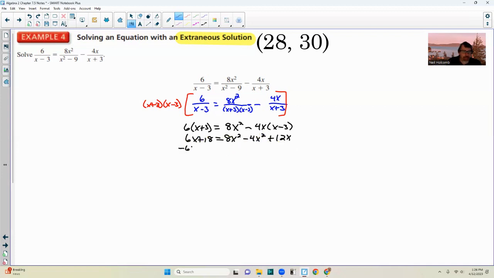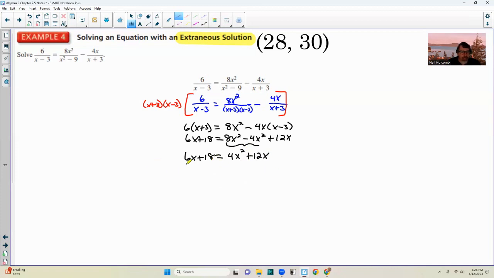So I'm going to subtract 6x minus 18 minus, oops, timeout, undo. Right here, I have like terms. I almost forgot to do that first. So it's going to become 6x plus 18 equals 8x squared minus 4x squared is 4x squared plus 12x.